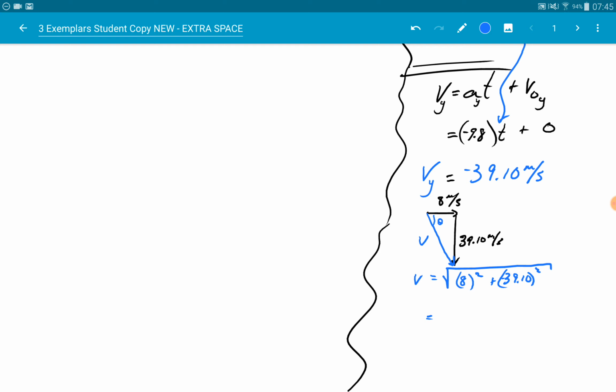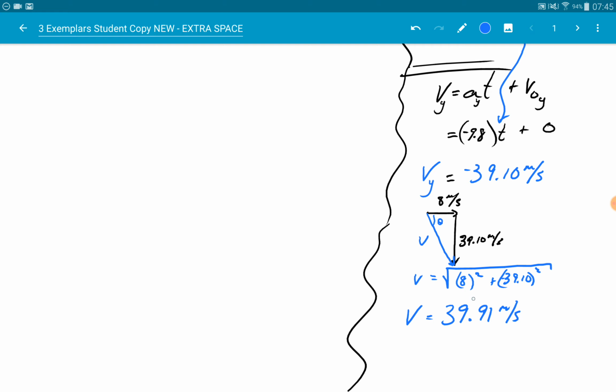Squared. And, oh no, I don't get the same value. It's just slightly off. You've got to look closely there. You get 39.91 meters per second, and so it is different. And then you look at that and go, why is it only 0.81 different? Well, look at the relative sizes of 39 versus 8. So the 8 is going to change it, but not by a huge amount.